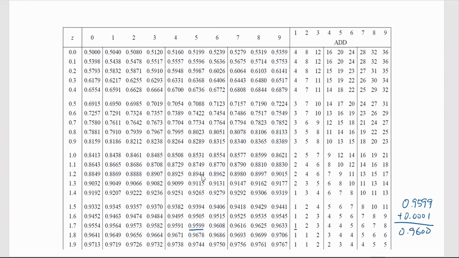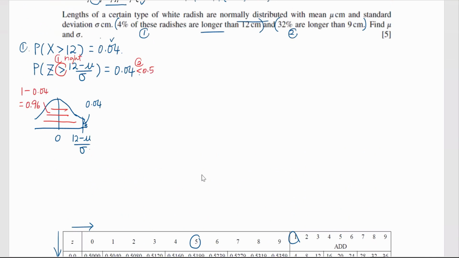So the corresponding z-score is 1.75 and 1. Remember, this column and this row give the value of the z-score. So the corresponding z-score is 1.751. That means I have managed to form an equation, which is 12 minus mu over sigma equals 1.751.